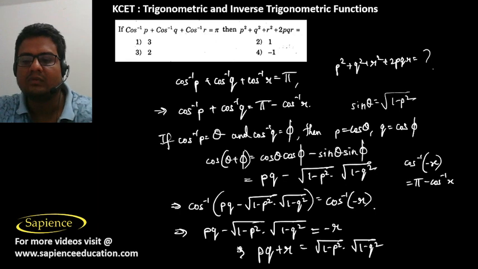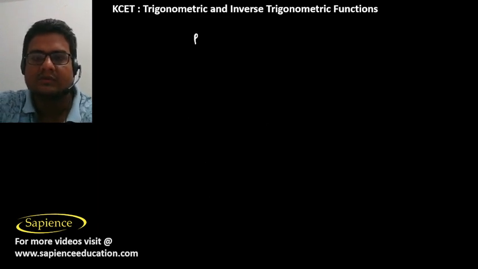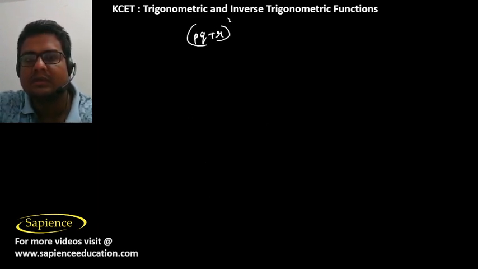Now we have to take square on both sides. So therefore PQ plus R whole square, that is equal to 1 minus P square into 1 minus Q square.